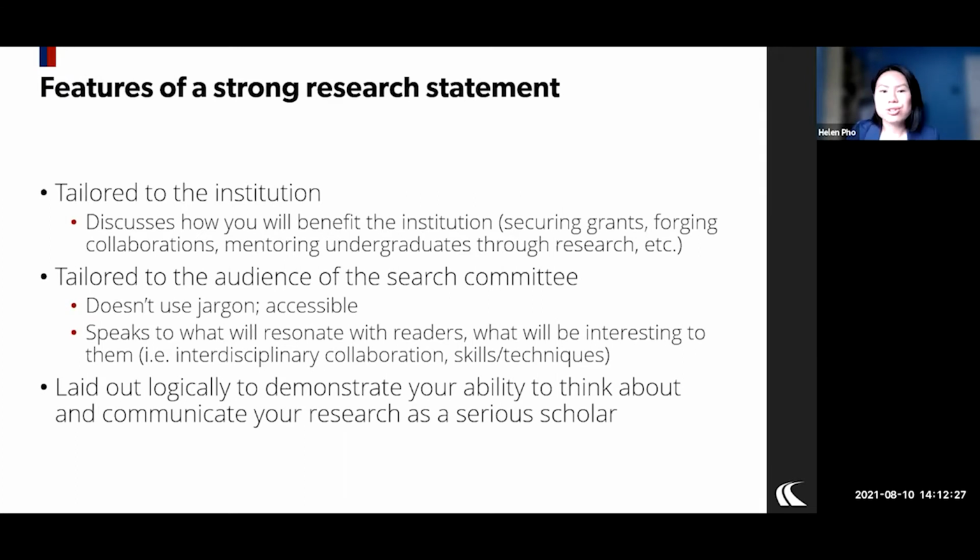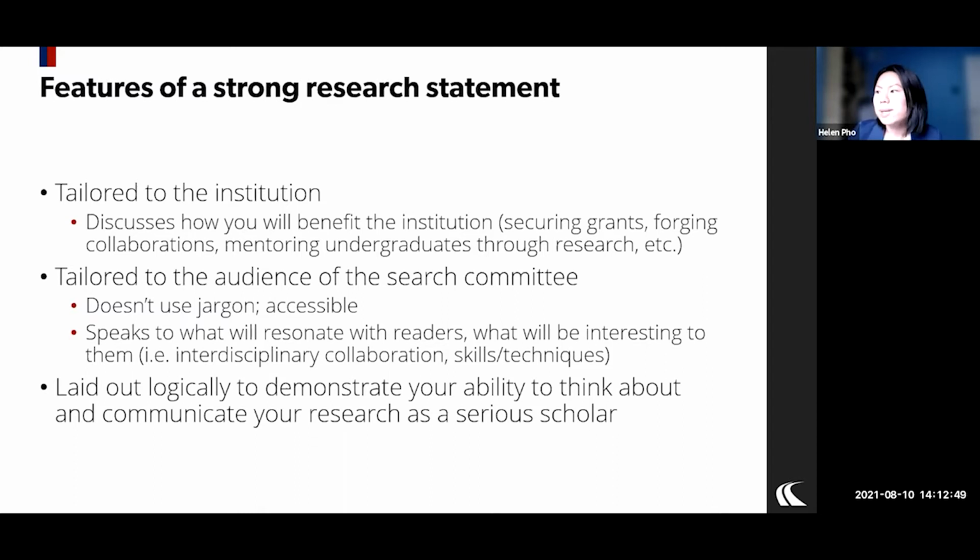In terms of the features of a strong research statement, I would say that being tailored to the institution is really important. A research statement can be tailored for different kinds of schools, and you want to be able to discuss how you're going to benefit a particular institution.